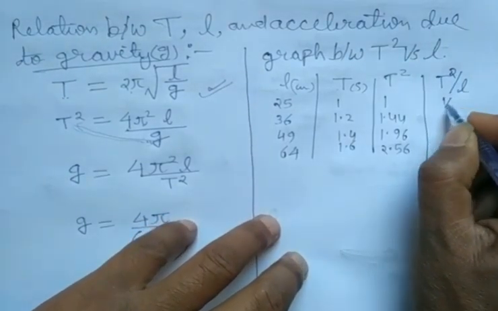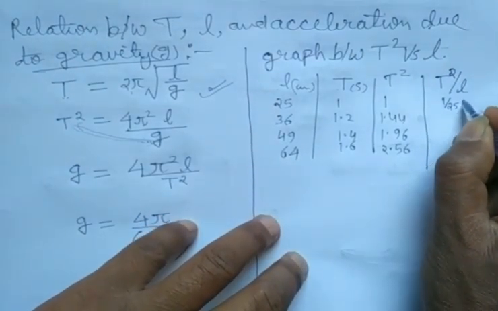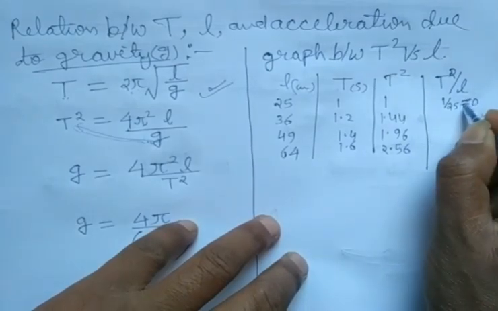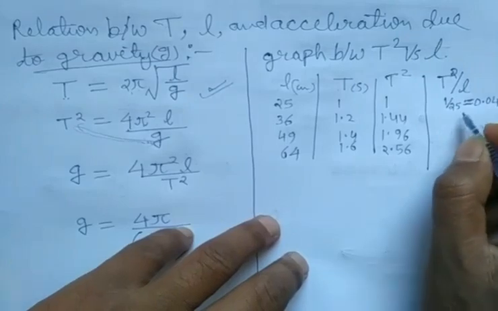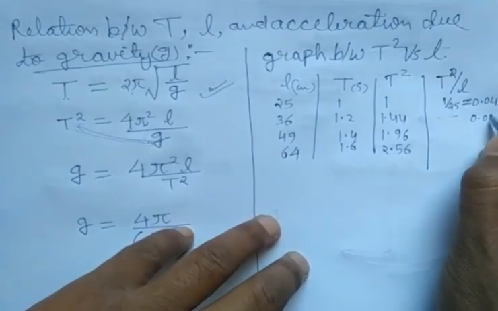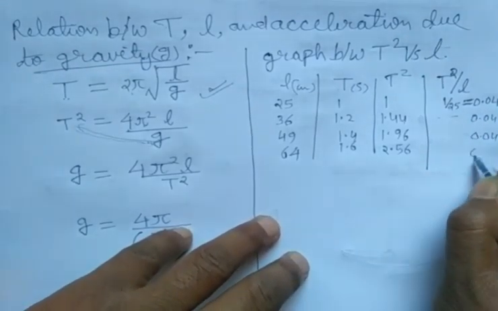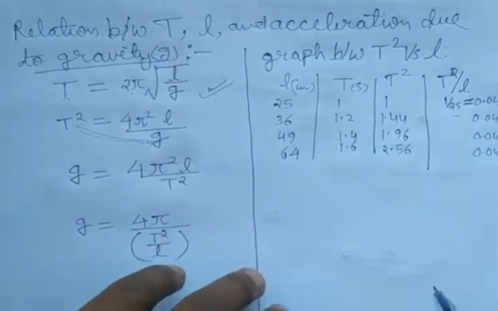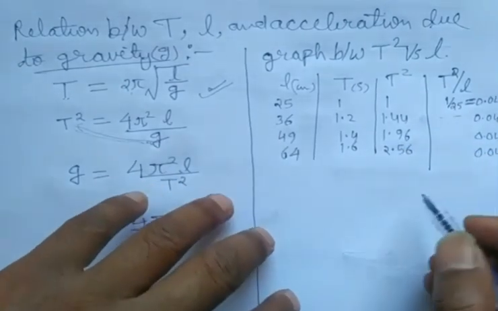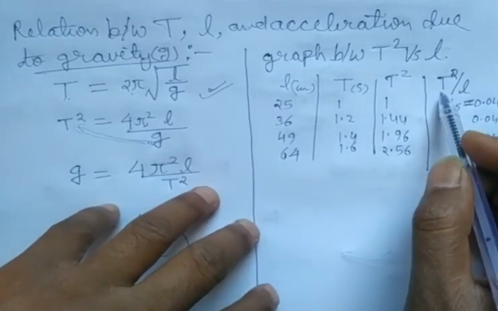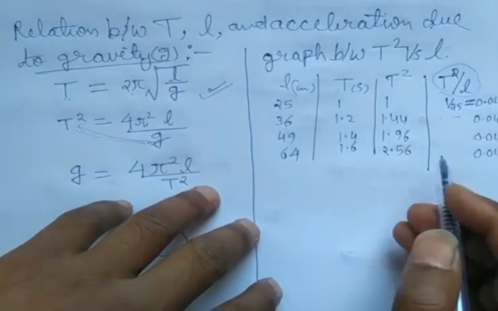So it will come out to be 1 upon 25, equal to 0.04. So all of them will come out to be equal. You can calculate it by yourself. So it means that this ratio will remain constant.